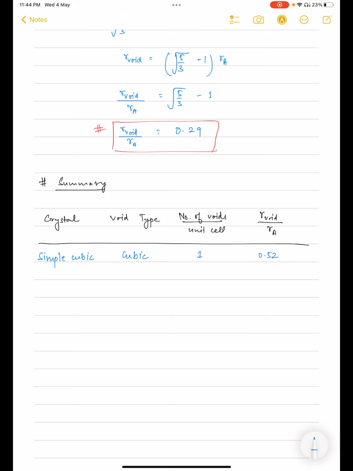Next we had FCC or cubic close packed crystal, where one was the octahedral void, where the number of voids per unit cell was 4 and the ratio was 0.414. And for tetrahedral, there were 8 voids per unit cell with the ratio being 0.225.